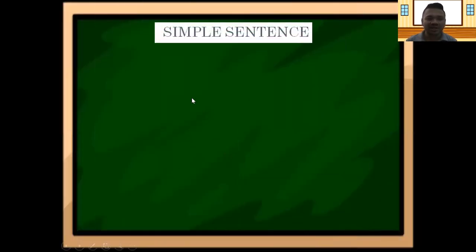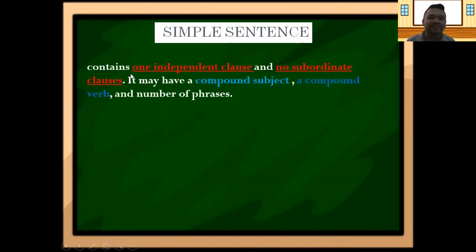So let's go further. The first sentence structure is the simple sentence. A simple sentence contains one independent clause with no subordinate clauses. What does independent clause mean? An independent clause is a clause that can stand alone, which means the sentence is complete or has a complete meaning.